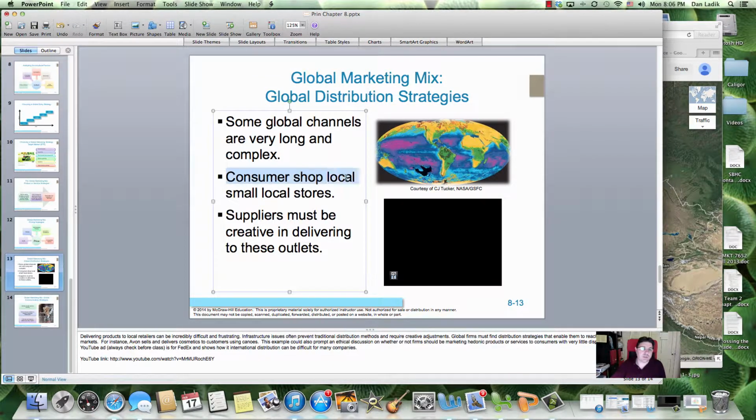So when consumers can shop local and at smaller stores, there tend to be fewer big box stores. You have to have a lot more middlemen to get the products to the smaller mom and pop stores. So suppliers must be creative in delivering to these outlets. In Japan, where it's very congested, there are no huge, gigantic Toys R Us's.